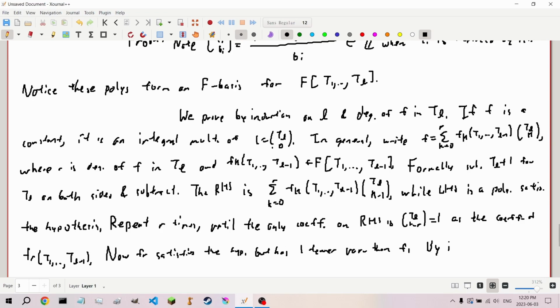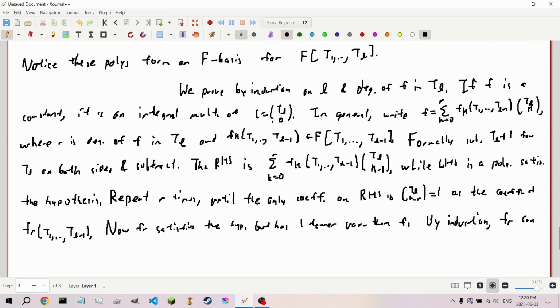By induction, f_r can be expressed in the desired fashion.